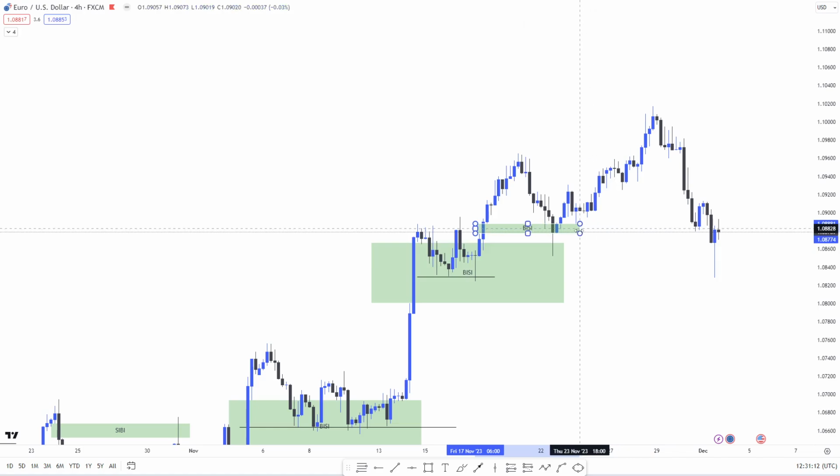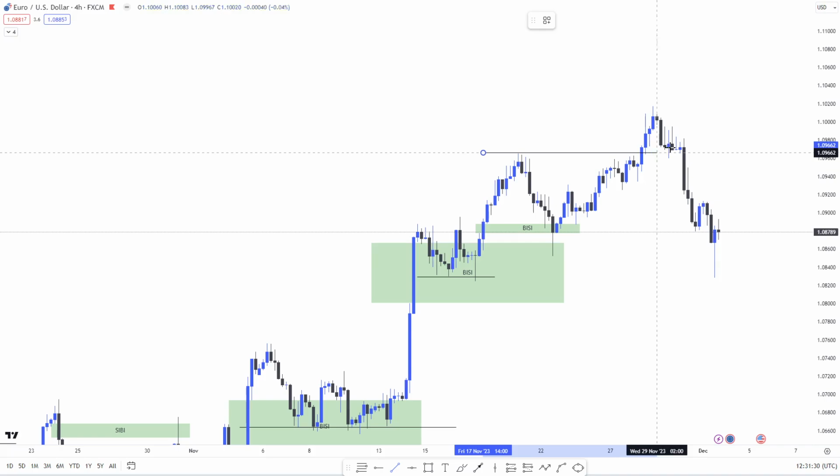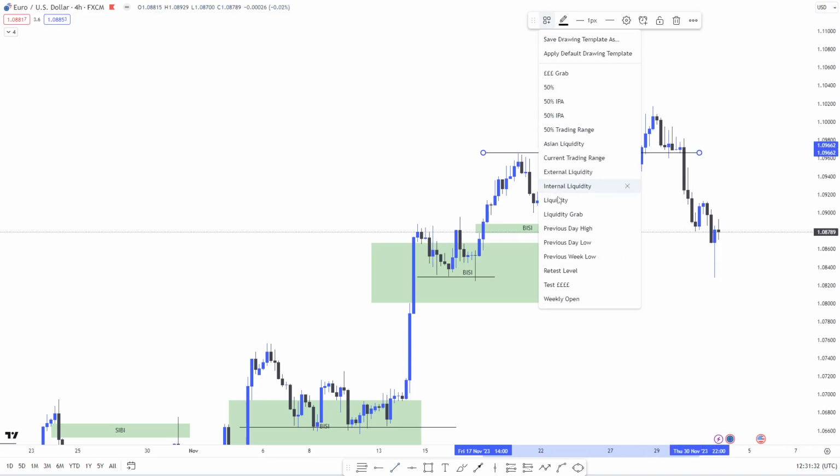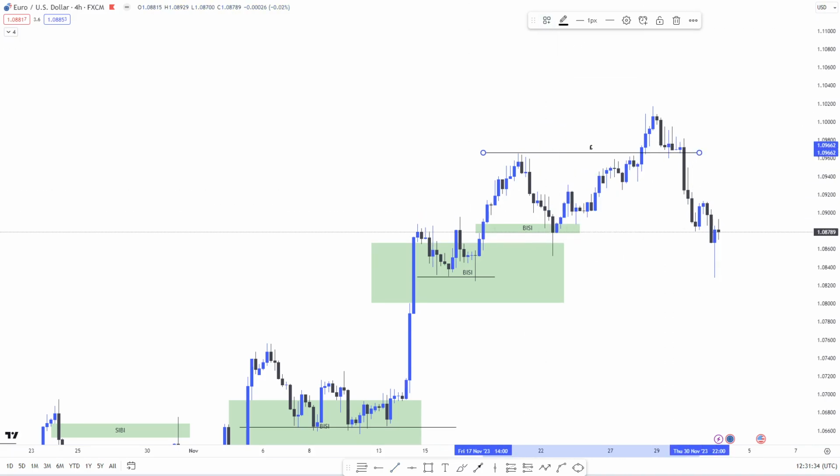So you can see here, price came into it, manipulated lower, really, really lower, but pushed to the upside and respected it with the bodies. So now we know the bodies are respecting price action. Where's it going? Towards this area of liquidity.